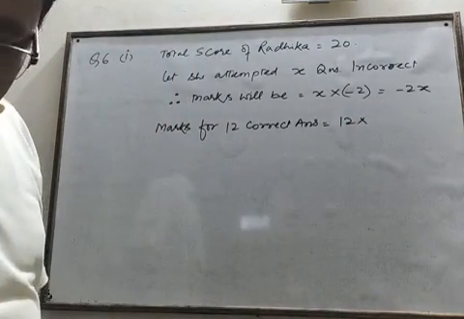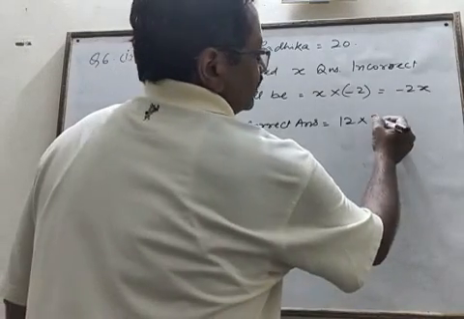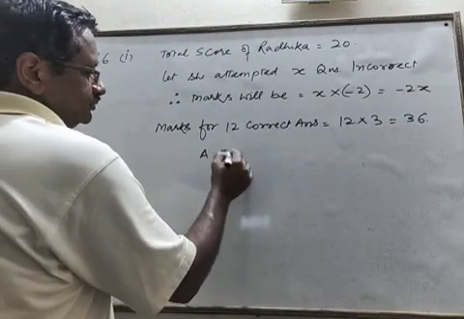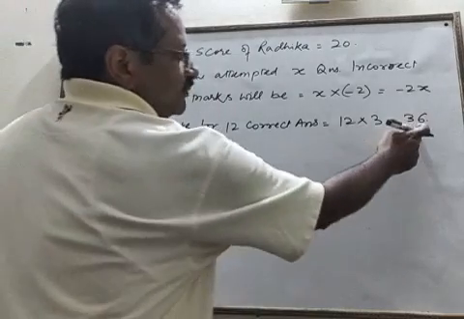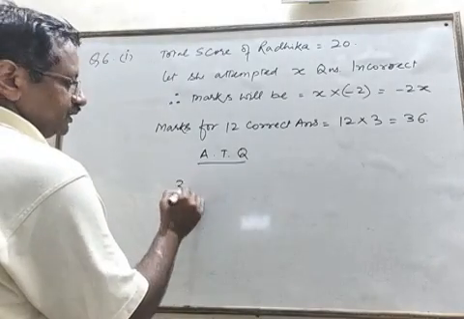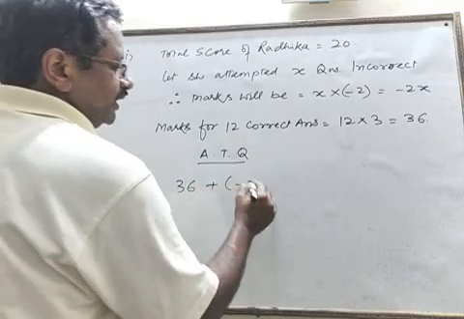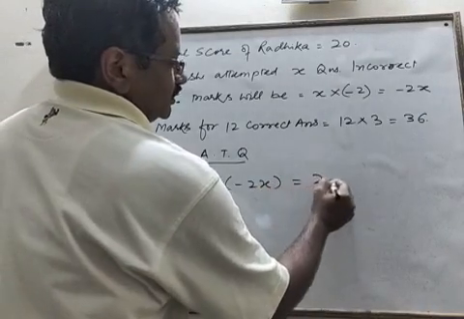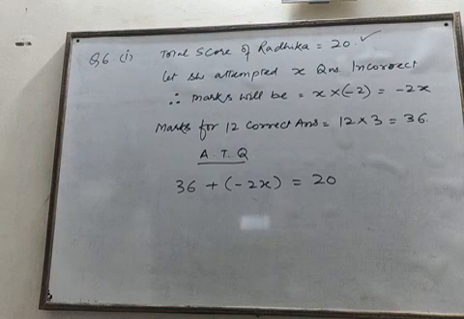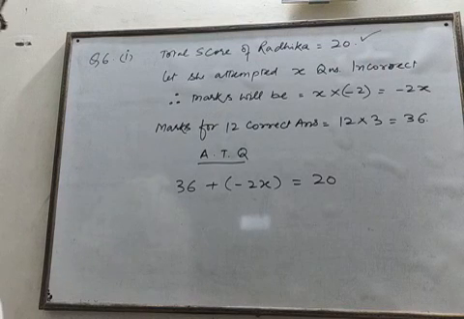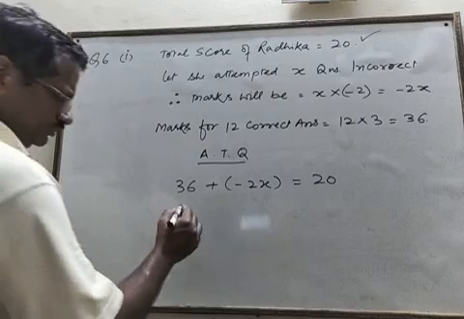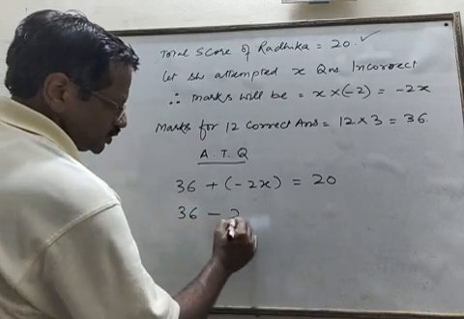For the correct answer, she will get plus 3 marks, 36. According to question, these marks plus these marks, 36 plus minus 2x, she is getting total marks 20. So the language of the question we have converted in the form of equation. So it will be 36 minus 2x.